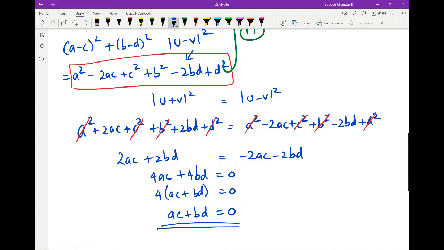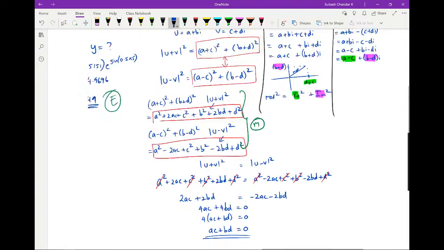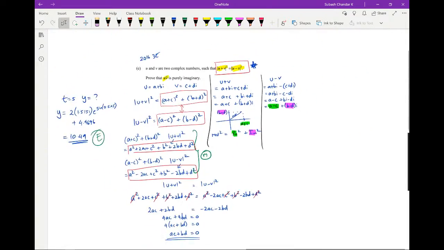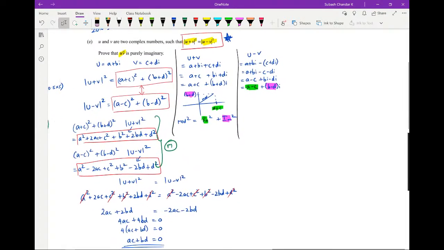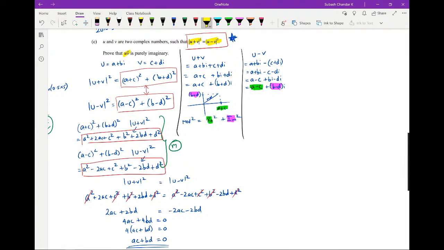Now remember, guys, this is the fact from the first part of the question. So all we've done right now is just this part here, just the first part.